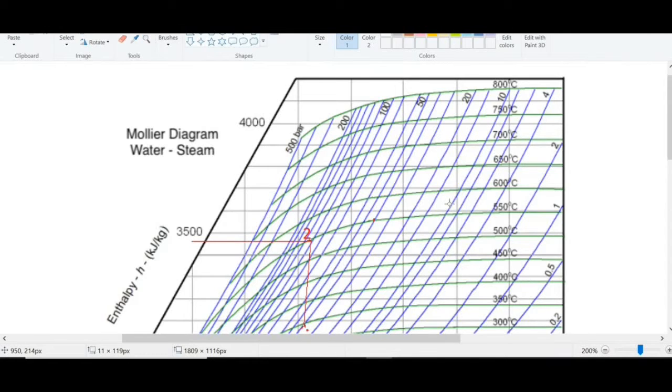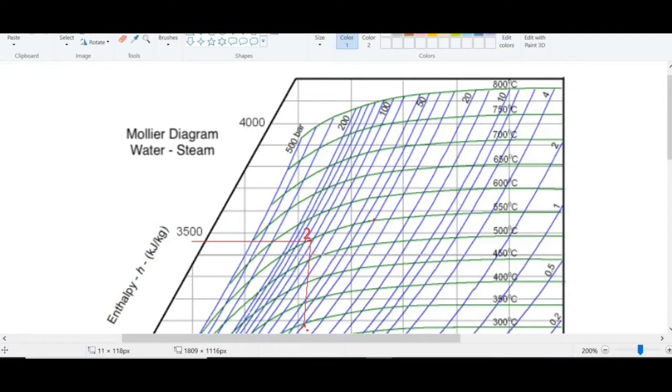Now, at this 40 bar, what is the temperature? If we observe here, this is the extended line, and at this line the temperature is 335 degrees Celsius. It is below this 350 degrees Celsius point. So the temperature is 335 degrees Celsius, which we have to note down. And what is the enthalpy?